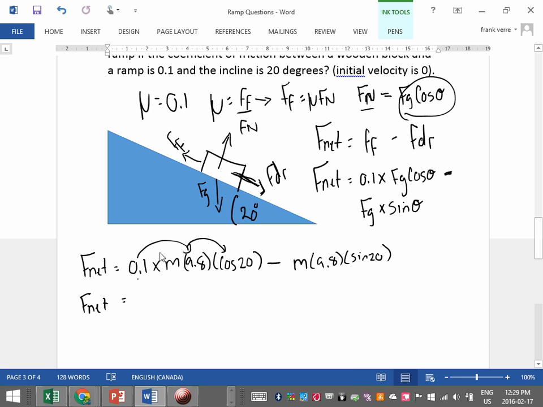What's 0.1 times 9.8? Well, 0.1 times 9.8 is 0.98. What's 0.98 times cosine 20? What's that? What is it? So this is 0.92 times m, because we don't know what m is. Minus, what's 9.8 times sine 20?